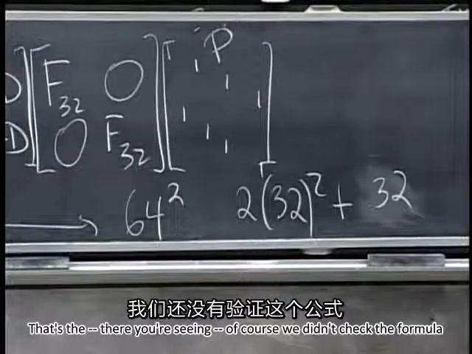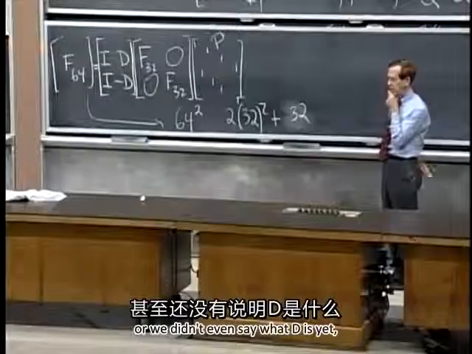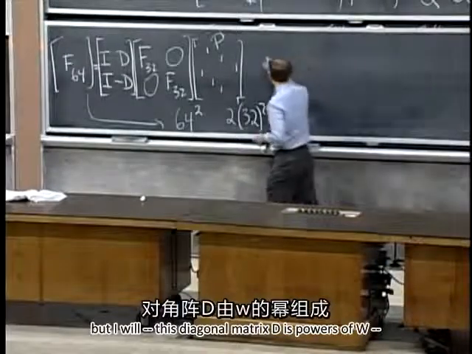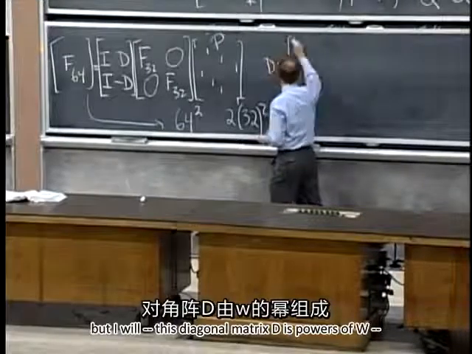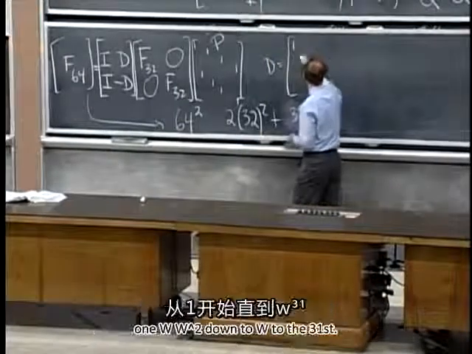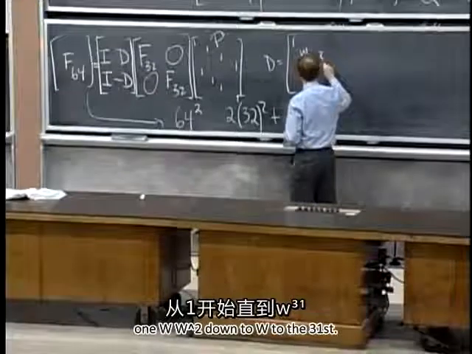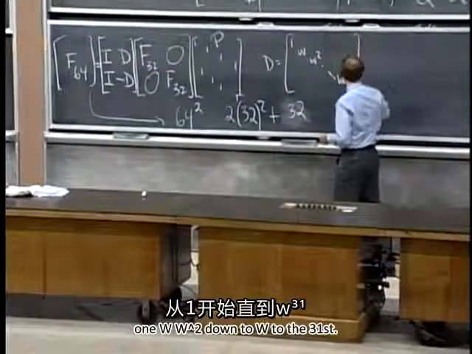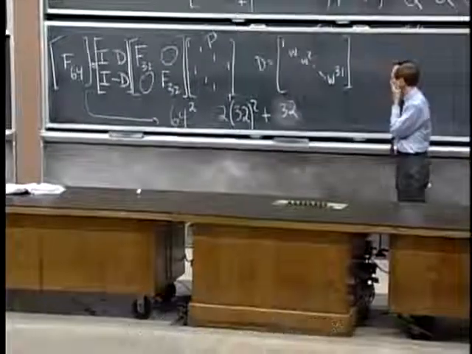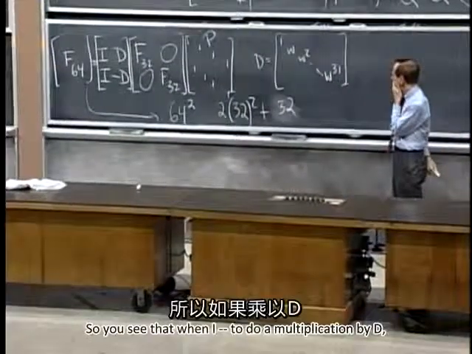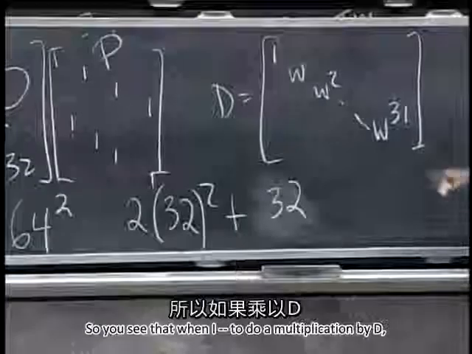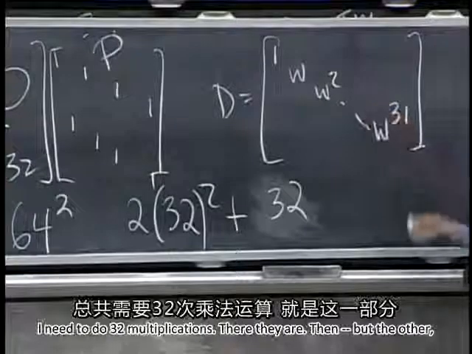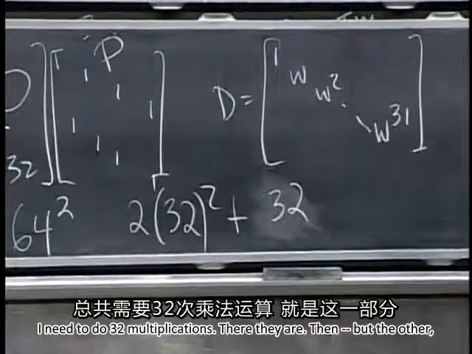We didn't check the formula, or even say what D is yet, but I will. This diagonal matrix D is powers of W: 1, W squared, down to W to the 31st. So you see that to do a multiplication by D, I need to do 32 multiplications.